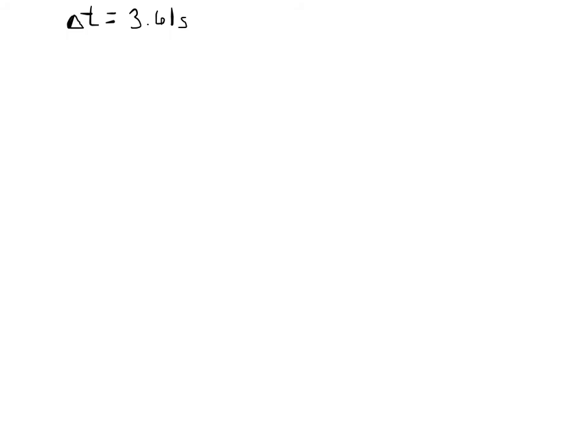We're looking for a horizontal distance, and so we'll be using our v1x, which is 17.68 meters per second to the right. And because there's no acceleration in the horizontal, this will equal v1. It's just equal to vx. There's no 1s and 2s about it because there's only one velocity.